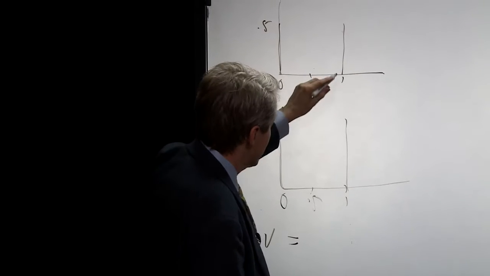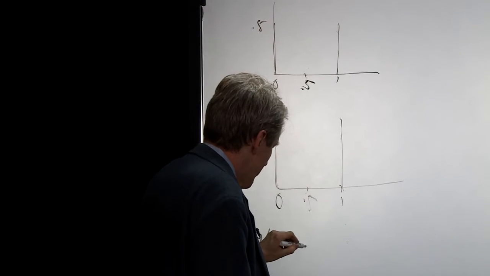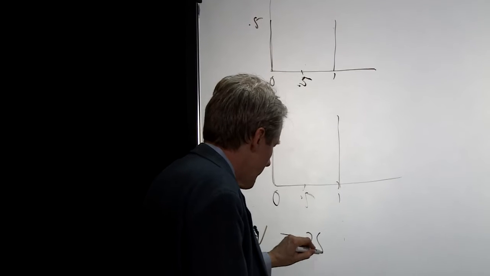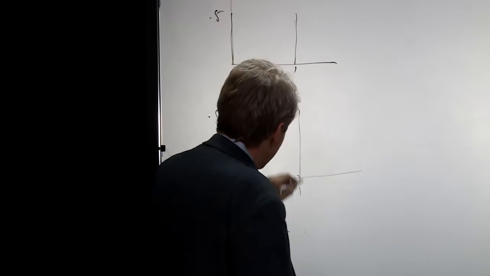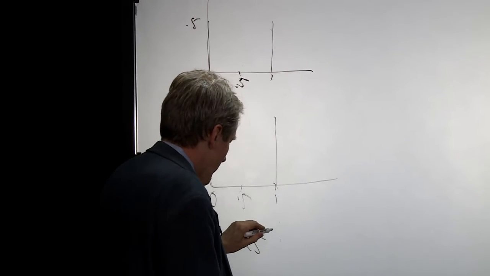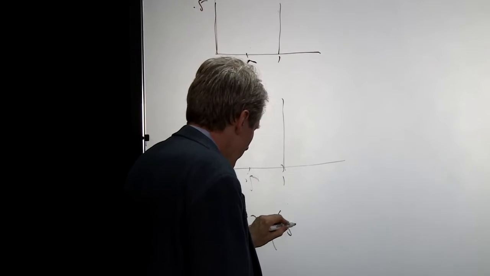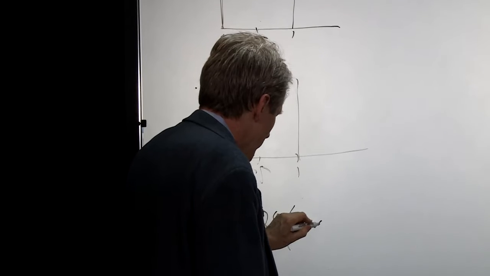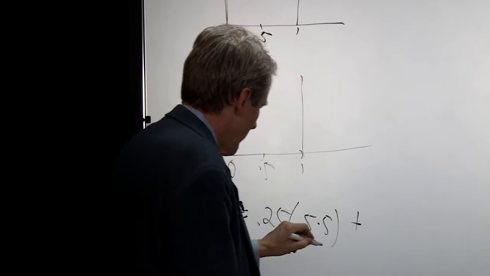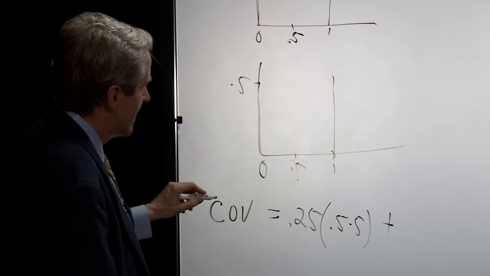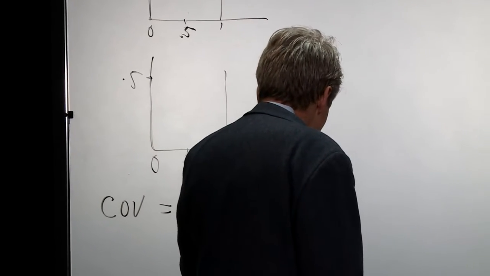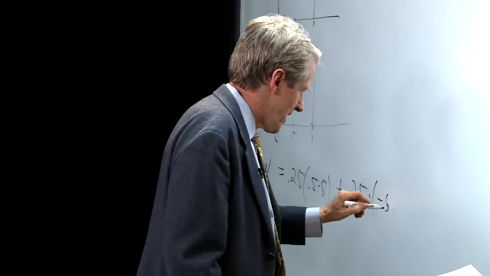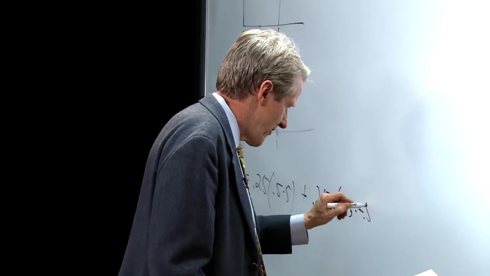What's the first possibility? They both succeed. So it has a 0.25, 1 in 4 chance of being a half above the mean for both of them. So that's 0.5 times 0.5, right? And then it has a 25% chance of both being 0. So it's 0.25 times minus 0.5 times minus 0.5.